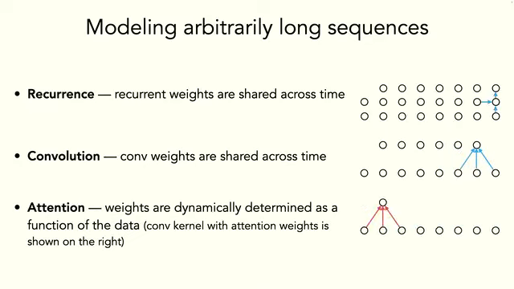And attention will look something like this, where the attention weights are a function of the data. So the way that you keep the information is dependent on the inputs, which is quite flexible. Of course, in all of these cases, at least the bottom two, you have some sense of what the time window is. In the top one, we do talk about a time window for backprop.